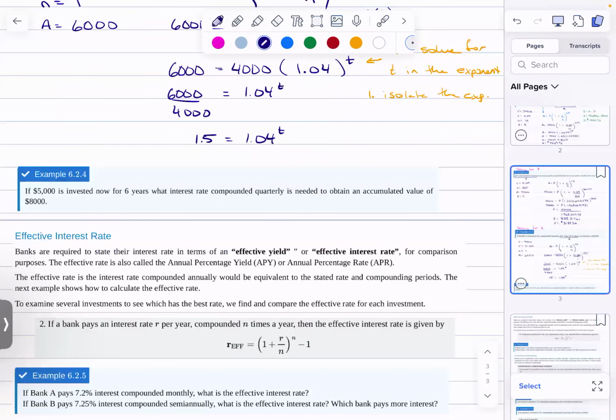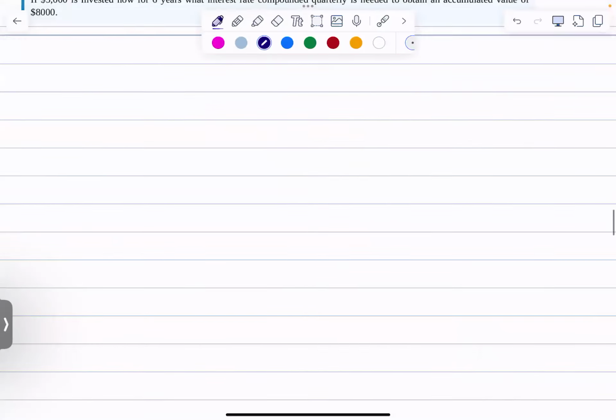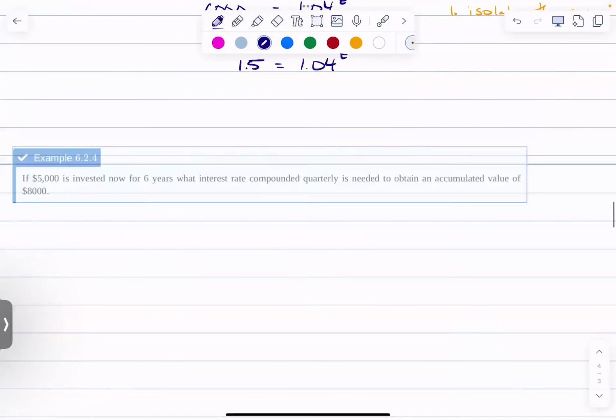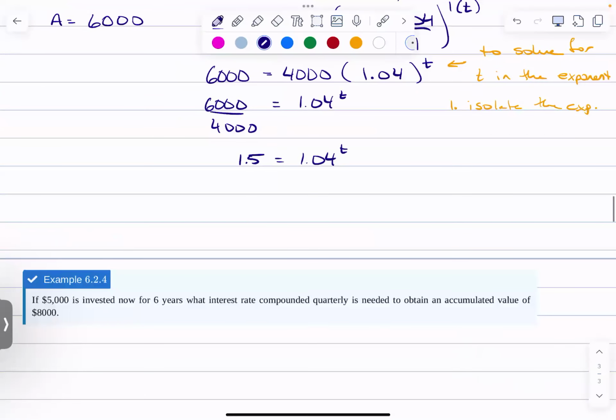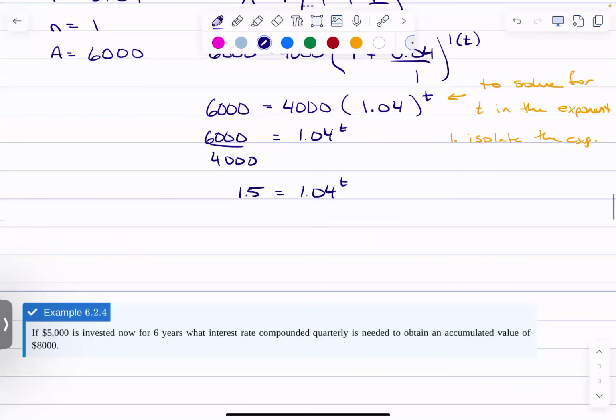Let me add a page here. So now we're just stuck with something to the power of t.